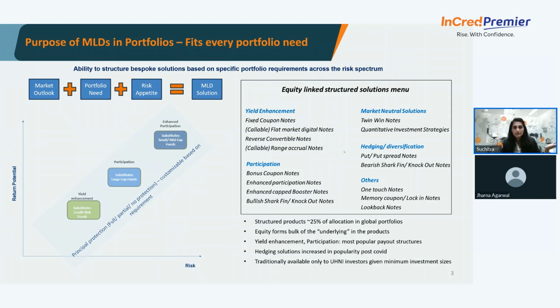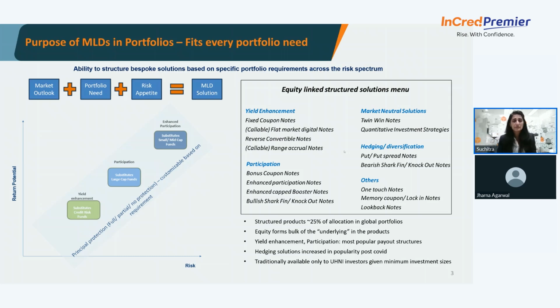At the end of 1 year, the client will be short a put on the underlying. What do I mean by this? I mean that the client gets a fixed coupon every quarter, but at the end of 1 year, if Nifty goes down, the client will lose money.